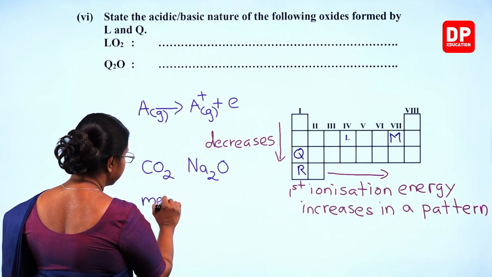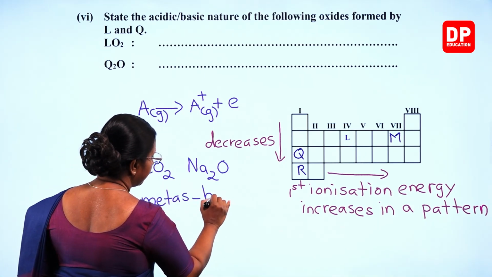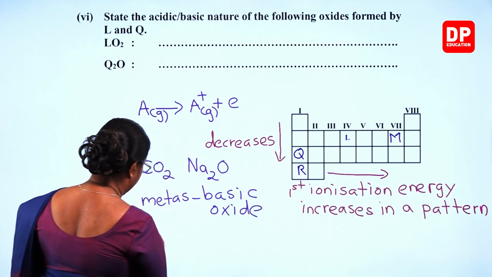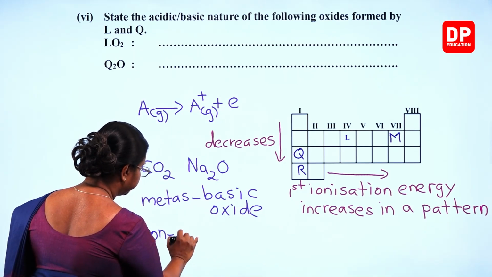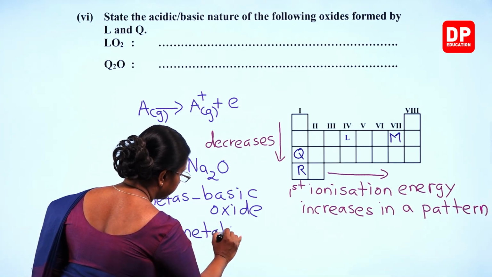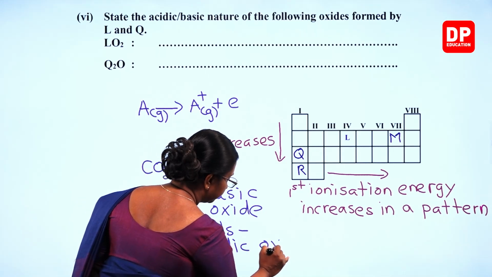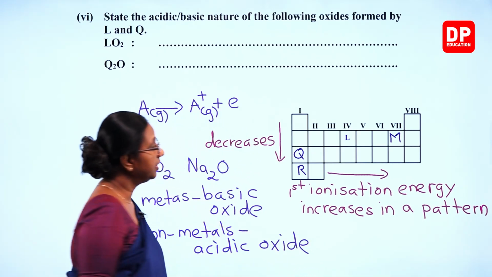Normally metals, basic oxide, and non-metals, acidic oxide. This is something you know.